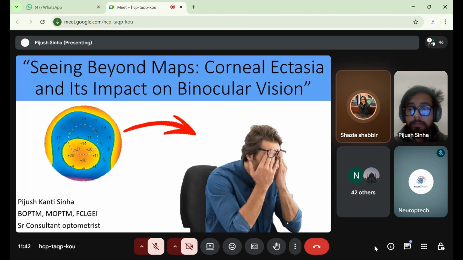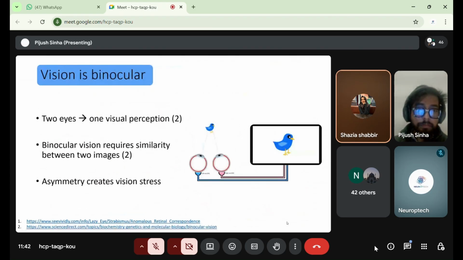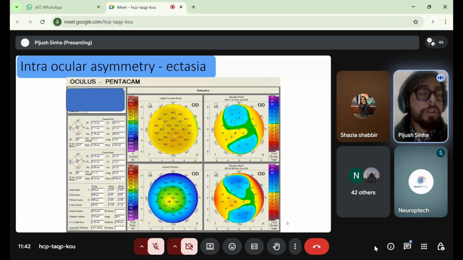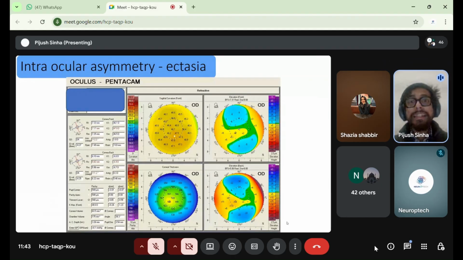Okay. In forme fruste keratoconus, which changes first? Curvature, elevation, or pachymetric spatial profile, justify physiologically? Okay, so for that we need to understand what forme fruste keratoconus actually is. Suppose you are doing slit lamp examination. There is no clinical feature here.